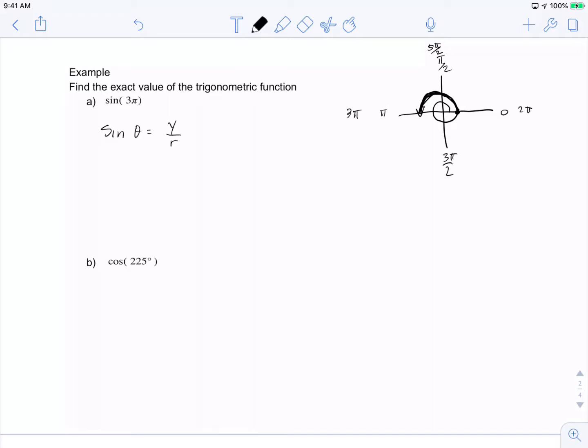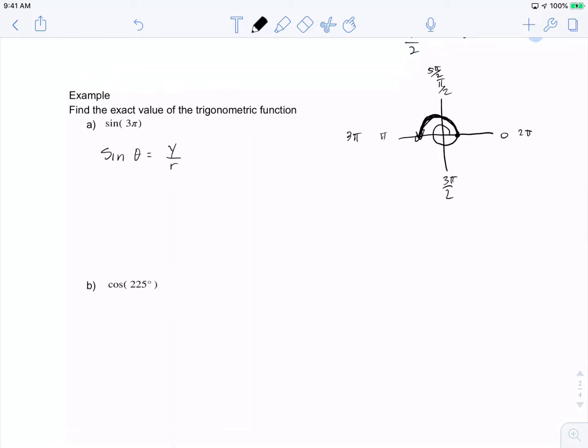So then if we remember from the unit circle, this point right here is going to be -1 comma 0. And so we're going to get sine of 3 pi is equal to 0 over, since it's a unit circle we're using, 0 over 1. And so our exact answer is 0.